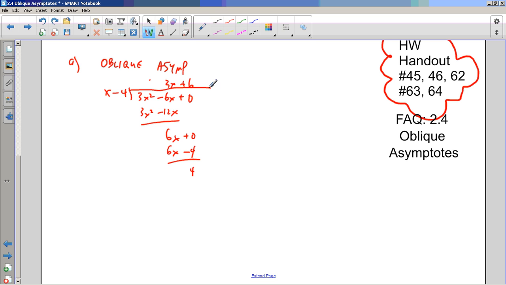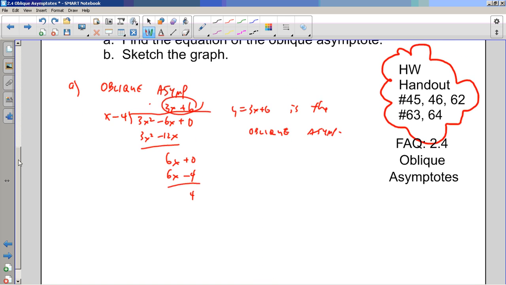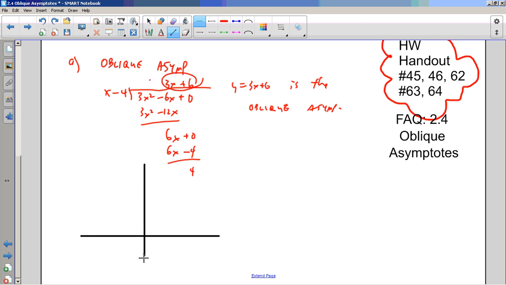So what's the oblique asymptote? Right there. Y equals 3x plus 6 is the oblique asymptote. Dandy. Sketch the graph. Notice that it's not giving us any other support besides just asking us to sketch the graph. So how are we going to do that?